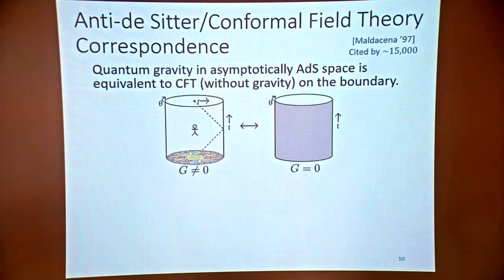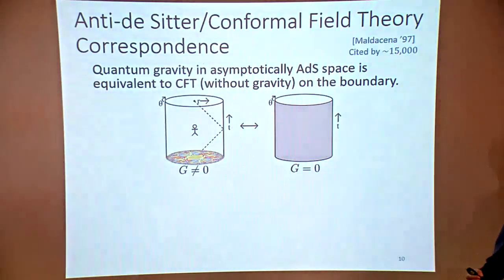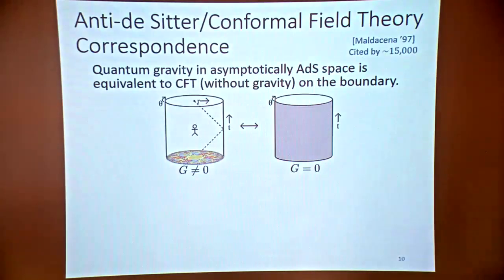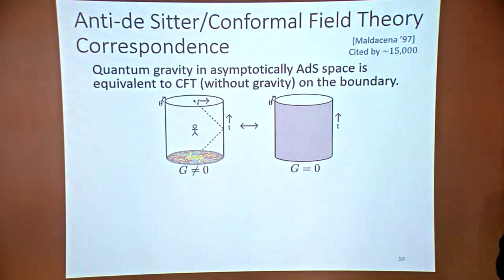Anti-de Sitter space is the simplest maximally symmetric space-time with constant negative curvature. It can be conformally mapped to the interior of the cylinder, and time goes in this way. At a fixed time slice, we simply have a hyperbolic manifold.